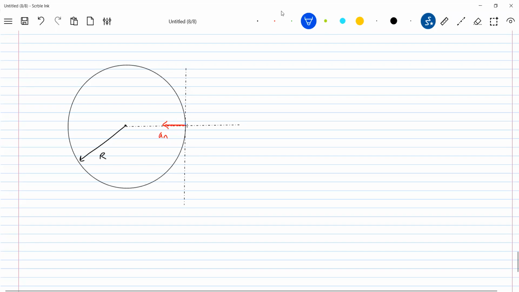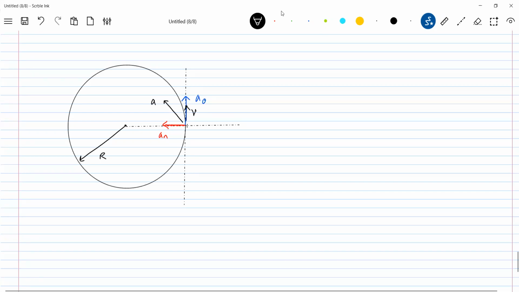This is a tangential. And this is the total acceleration vector. And it will also have velocity. It will also have tangent. Instead of writing v theta, let me write only v.